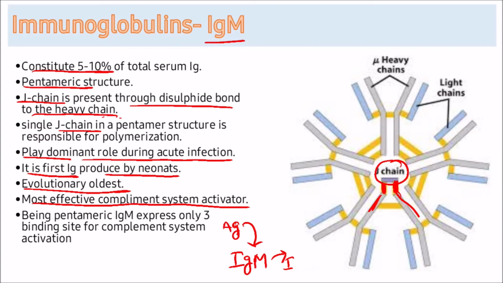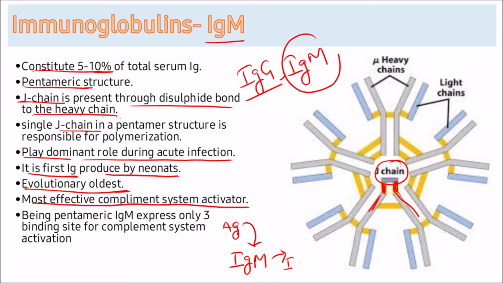Apart from IgG, as we studied earlier, IgM is responsible for complement system activation, and it is the most effective also. So this part is also important. Which of the following immunoglobulins has the most effective complement system activation? Your answer would be IgM.